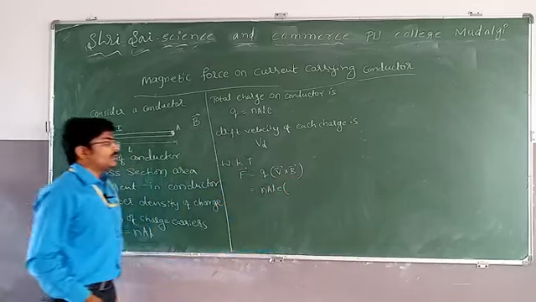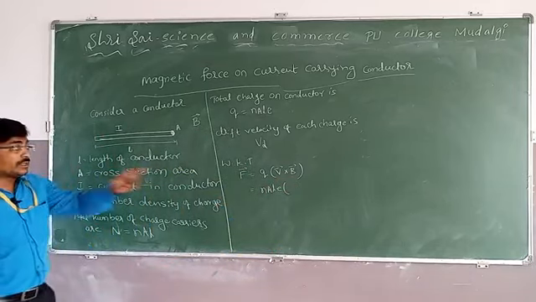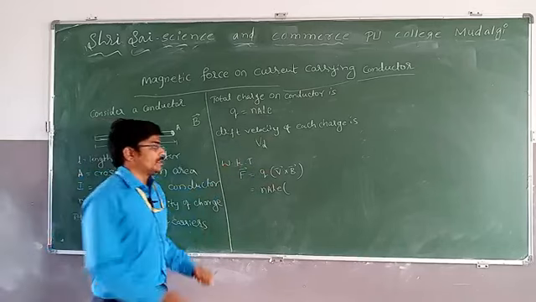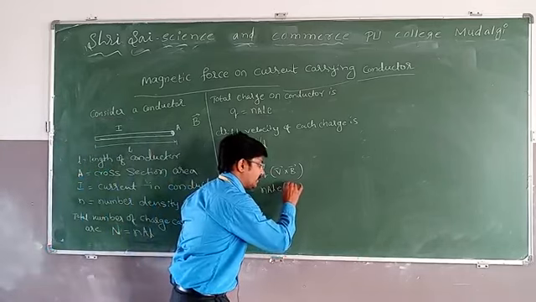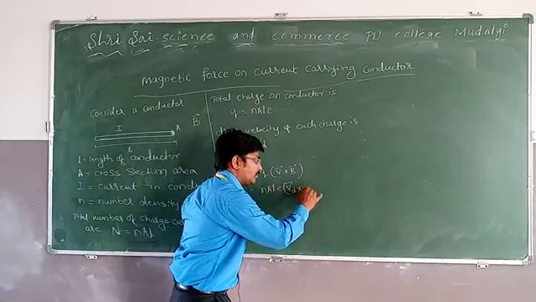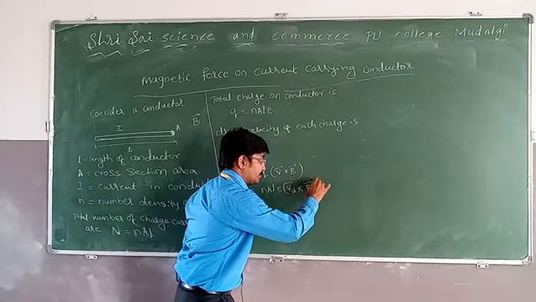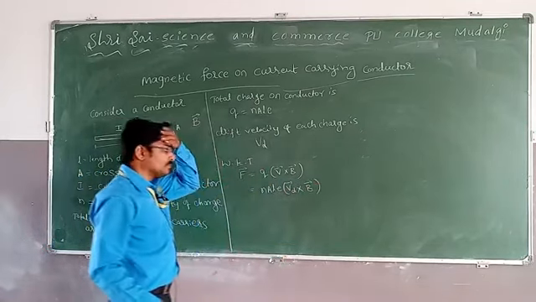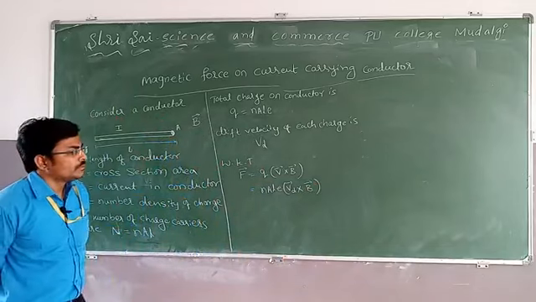In place of V, what is that? V is the velocity, but in our case drift velocity. Write here Vd. What is the B value? B value as it is same. Fine.